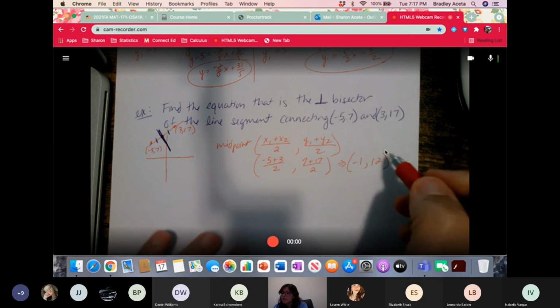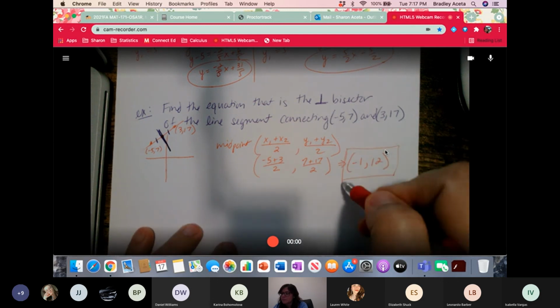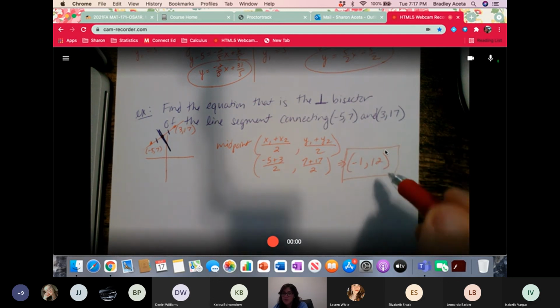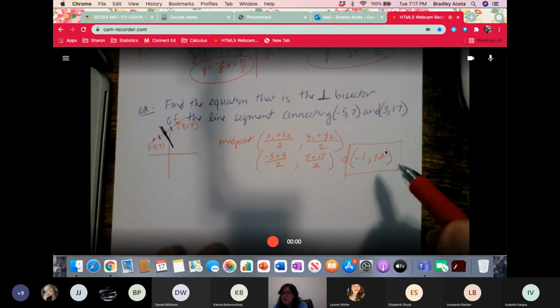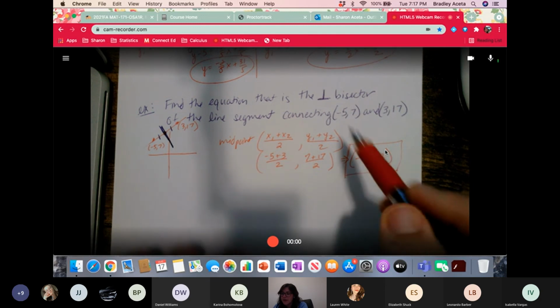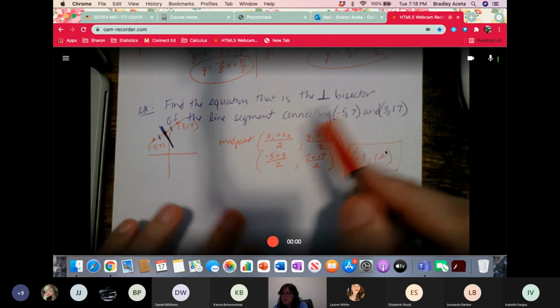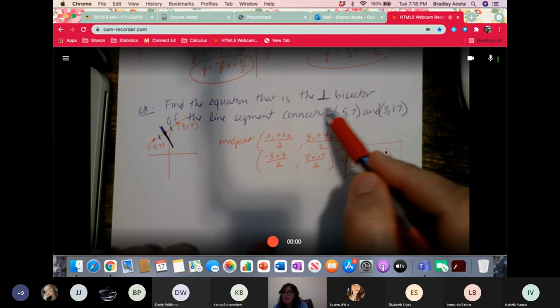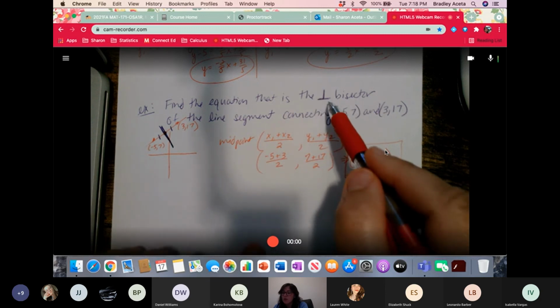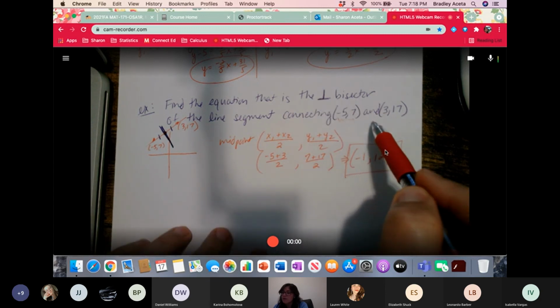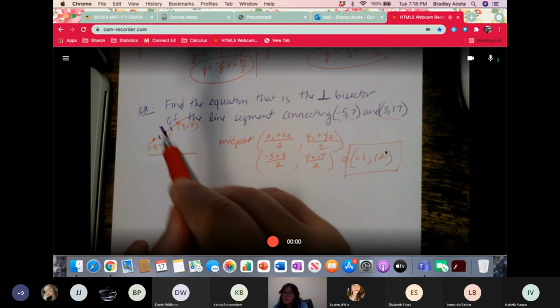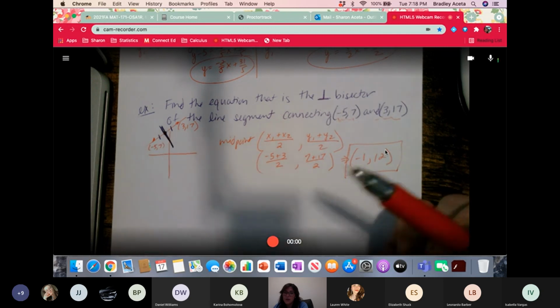Now, that's important. Just keep that in the back of your mind. Not only do you need to know that bisector part, that midpoint, but you need the perpendicular slope of these 2 points also. You need to make sure you're going perpendicular at that point.